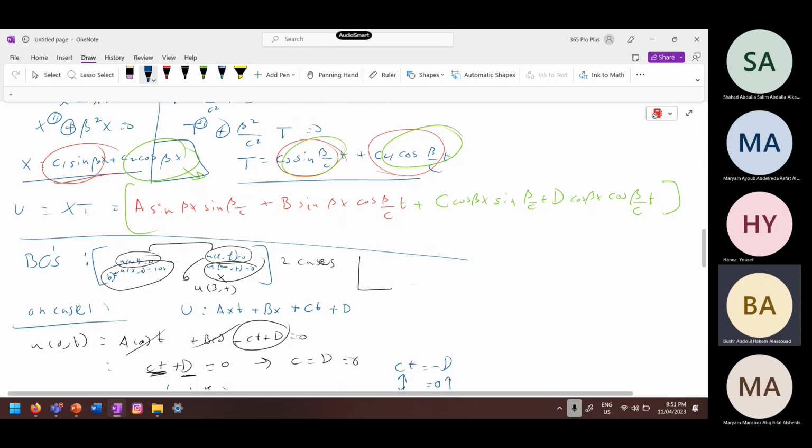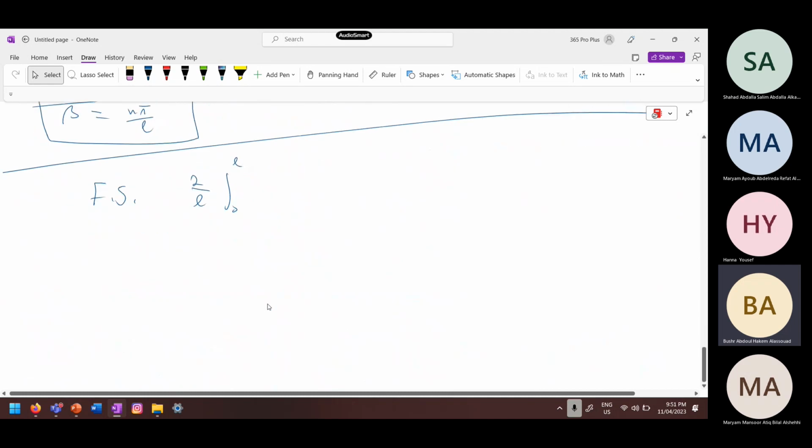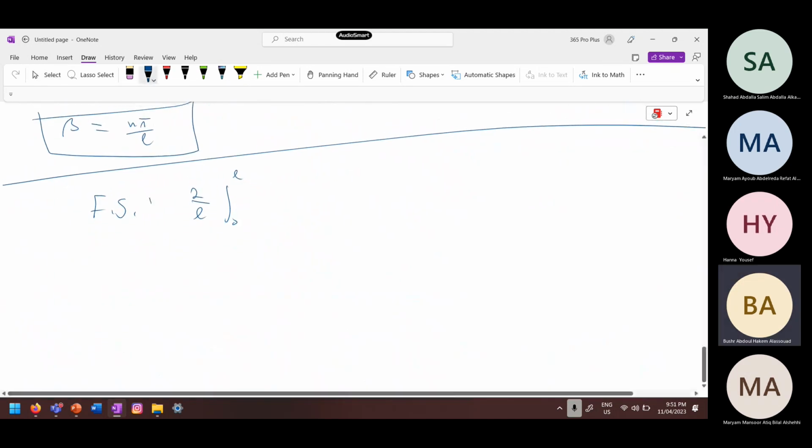Okay, now we're going to use this, which is 10x is equal to 10x. So this is actually the value of bn, 2 over L, integral from 0 to L of 10x sine beta x, or the new value of beta, which is n pi over L x dx.